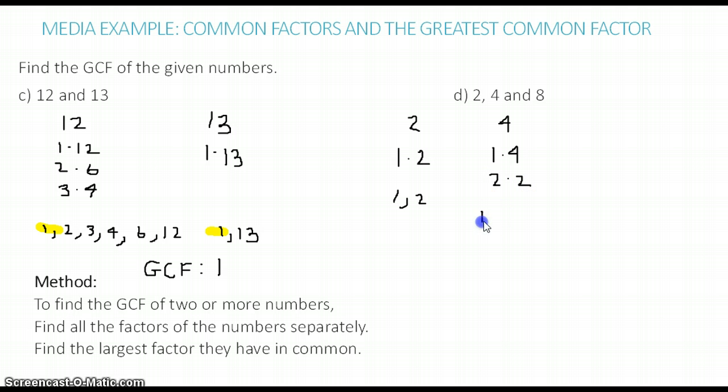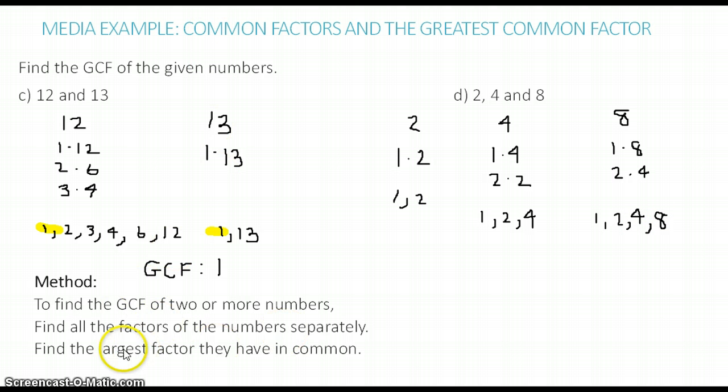So its factors are 1, 2, and 4. 8 can be factored as 1 times 8 and 2 times 4. That's as high as we have to check. 3 does not go in, so we have 1, 2, 4, and 8.